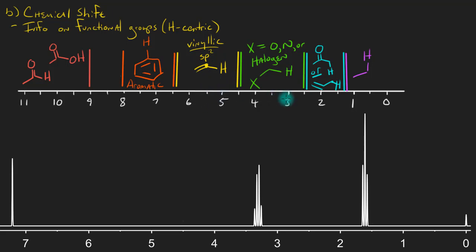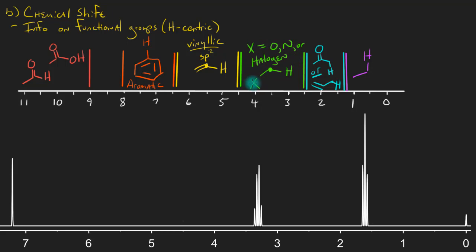Okay, next up, just to the right of that, 2.5 to 4.5. You're going to find peaks in this region if you have hydrogens that are attached to sp3 carbons, like this guy right here, but that sp3 carbon is then attached to an X. Now, what's the X? The X could be a lot of different things, but in general, we think of this X as being either an oxygen, nitrogen, or a halogen.